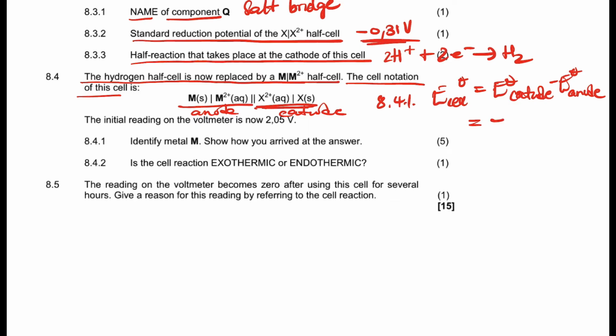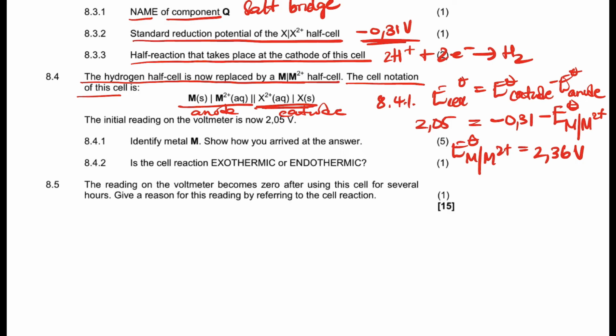So it's going to be negative 0.31 minus the anode. Our anode is going to be the metal M, and then the E cell is 2.05, and then your answer here is going to be 2.36 volts, right? That's the voltage there.